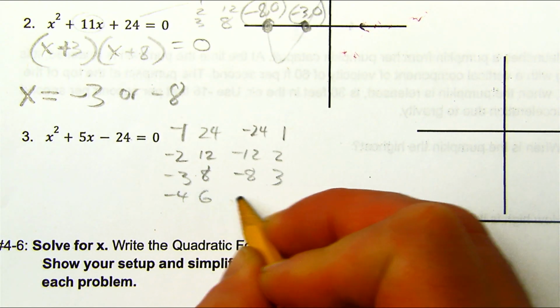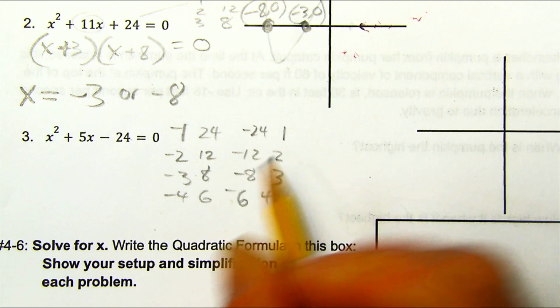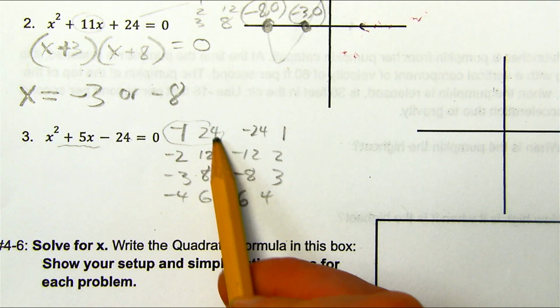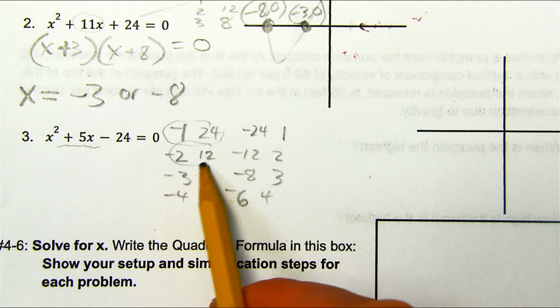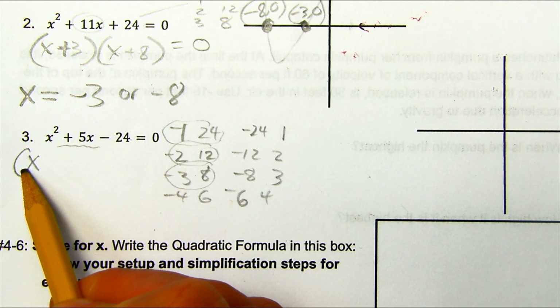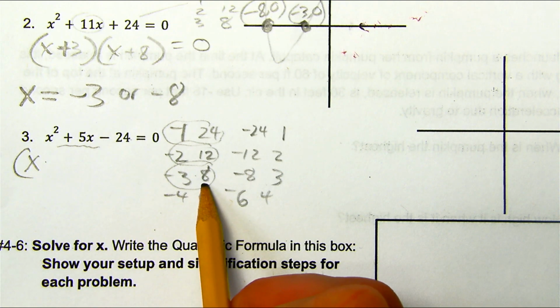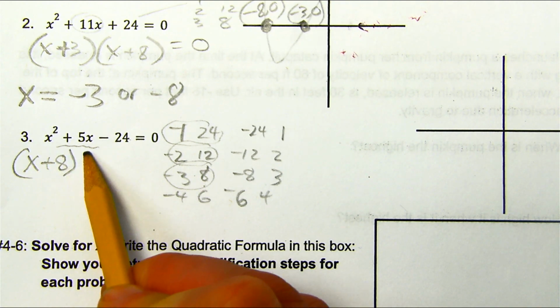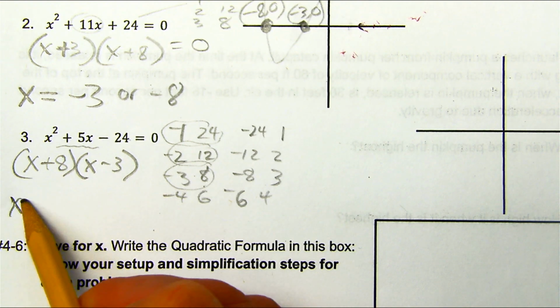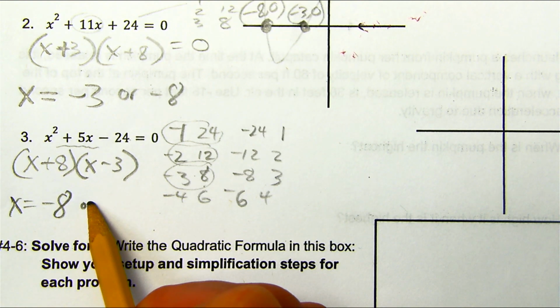Negative 4 and 6, or negative 6 and 4. Which of these adds up to 5? That's negative 3 and 8, which makes 5. Okay, we got it. 8 is positive. But x equals negative 8 or positive 3.